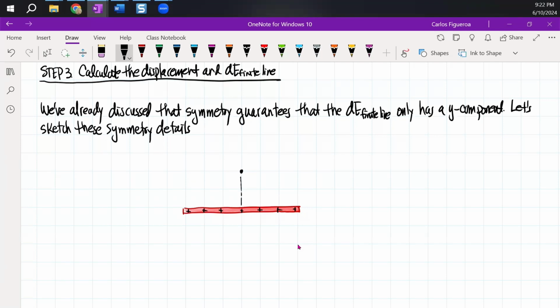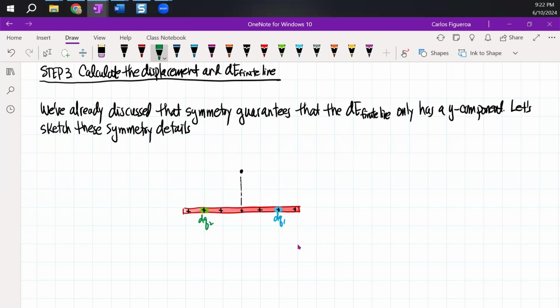Now what I need to do is pick 2 symmetric points. So I'm going to pick a symmetric point right here, and this contains dq1. This line element here, which is symmetric, contains dq2.